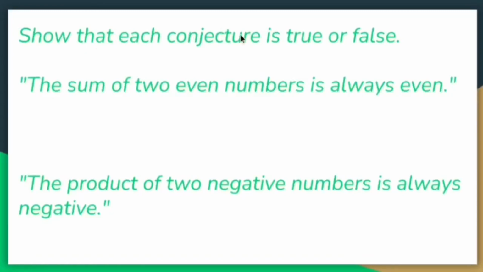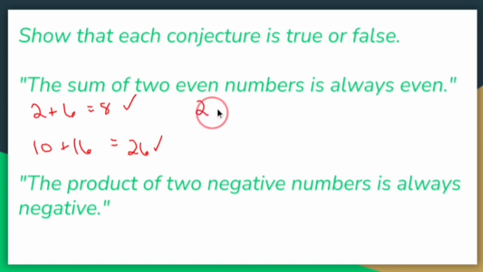Show that each conjecture is either true or false. So, all right, I've got 2 statements here, and I need to show if the statement is a correct statement or not a correct statement. The sum of 2 even numbers is always even. So let's try a few out. 2 plus 6 is 8, even, check. 10 plus 16 equals 26, even, check.